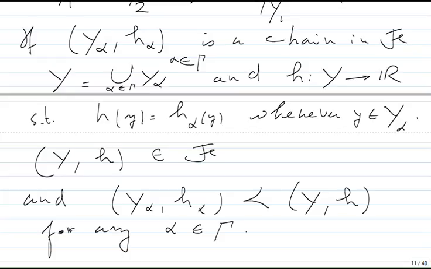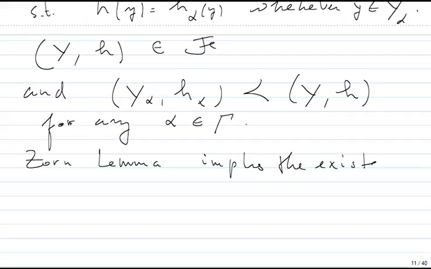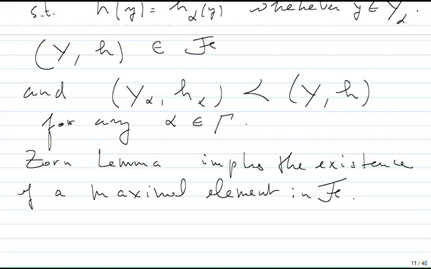So any chain has an upper bound, so Zorn's lemma implies the existence of a maximal element in F. Say (Y, H) is a maximal element.